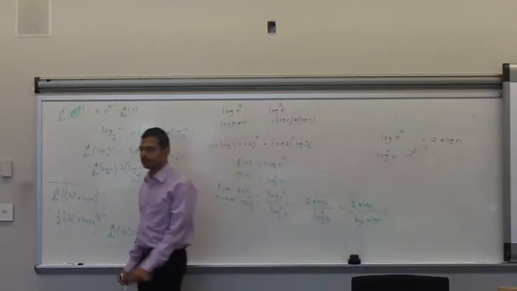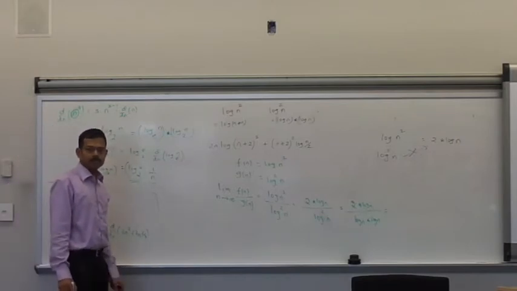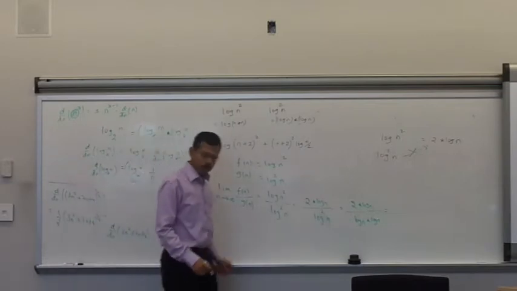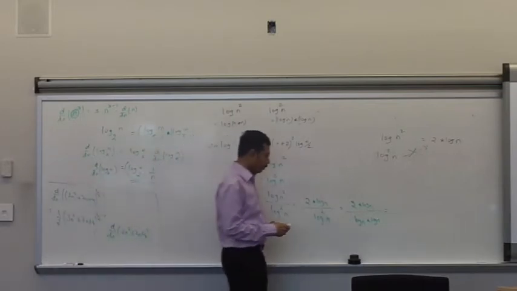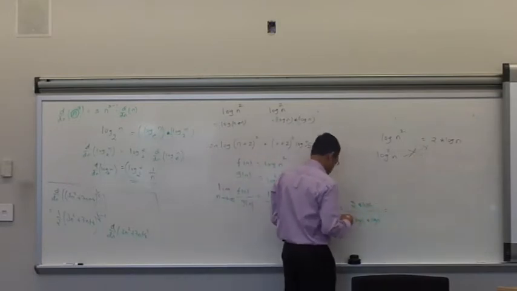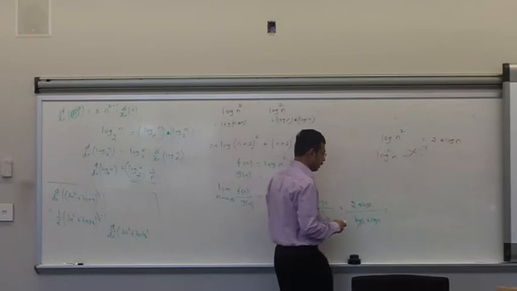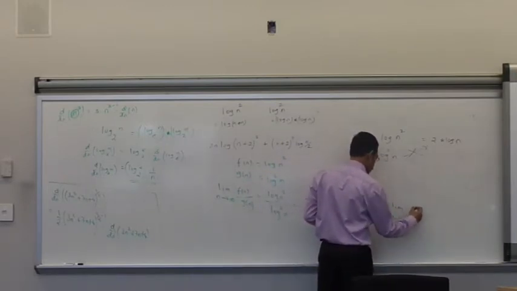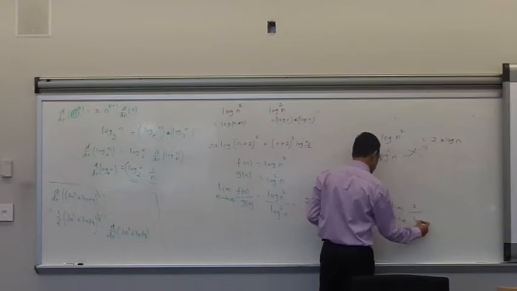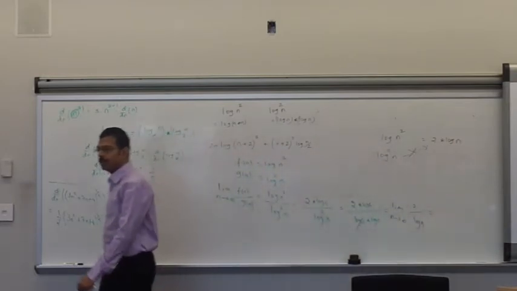So I can simplify this further. Log n cancels out, right? So it is equal to 2 over log n. So now it comes out to limit n tends to infinity, 2 over log n. Can anyone say what this is?